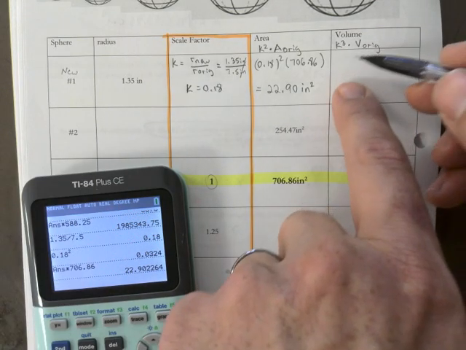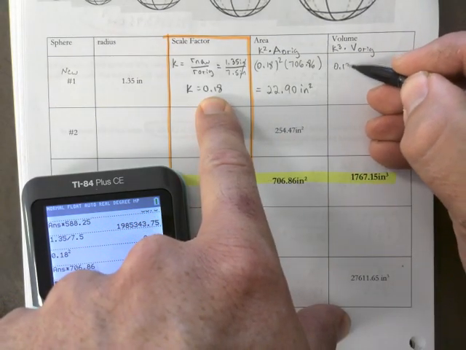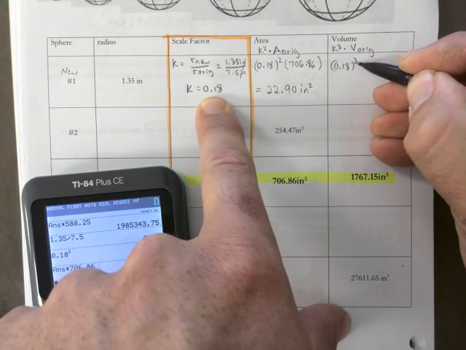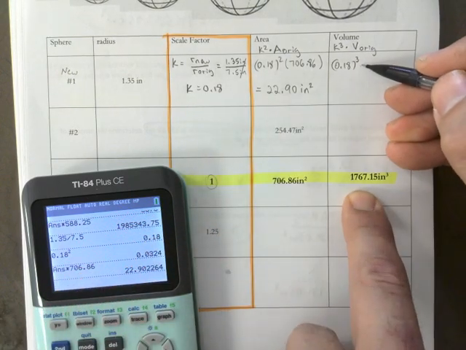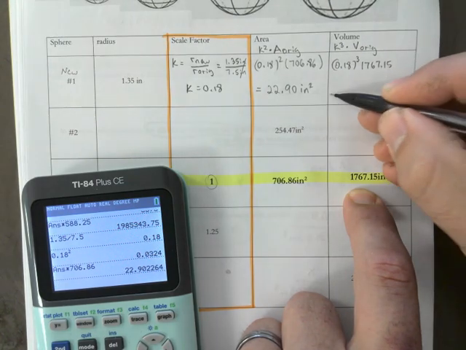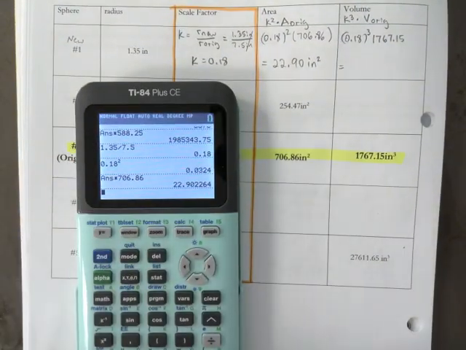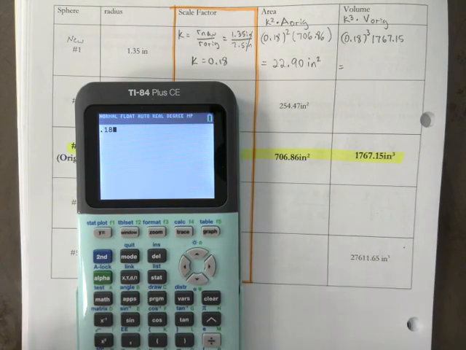Next, to fill in the volume, we go K cubed times the volume of the original, which is 1767.15. Grab my calculator. 0.18 to the power of 3.